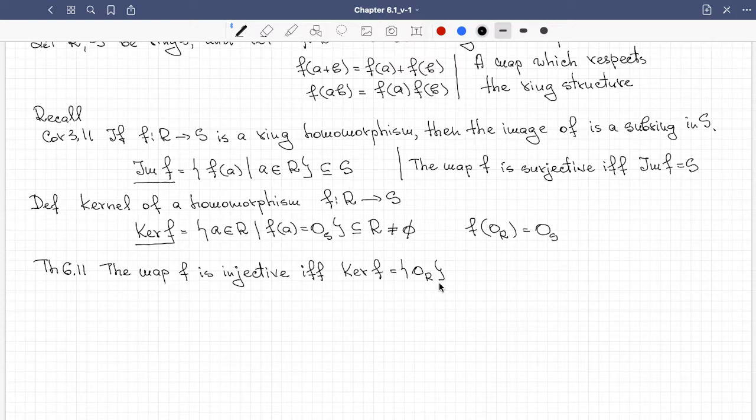As for this statement, you need a proof, but this proof is quite simple and you can find it in the book. So I will skip it. I cannot add anything to the proof presented in the textbook. This theorem tells us, especially paired with this statement, that the kernel is as interesting as the image is.